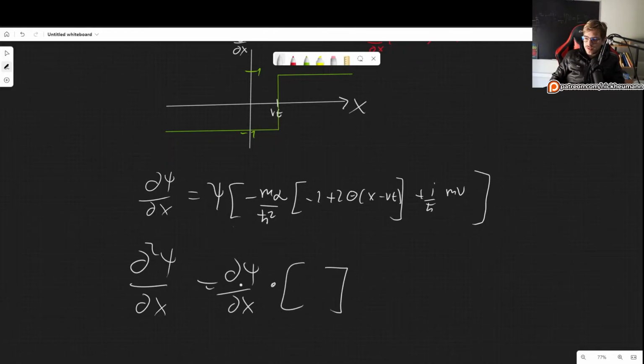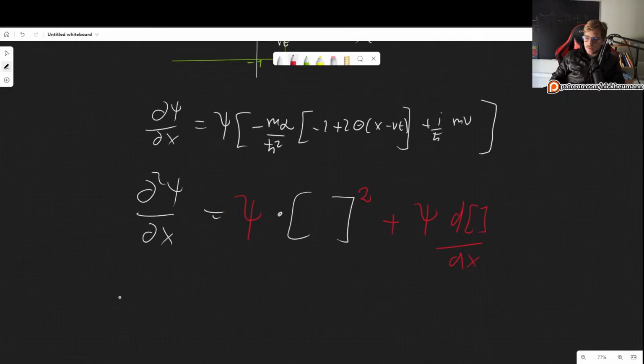But we know that when we take this, we get ψ times the parentheses again, so we get this parentheses squared. And then we have ψ times the derivative of this parentheses with respect to x. So that is what we will have.